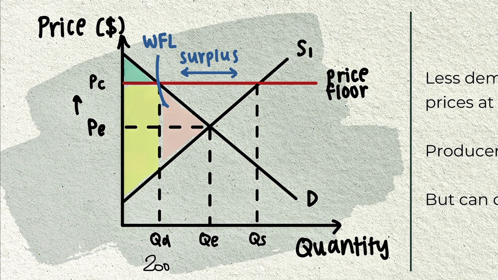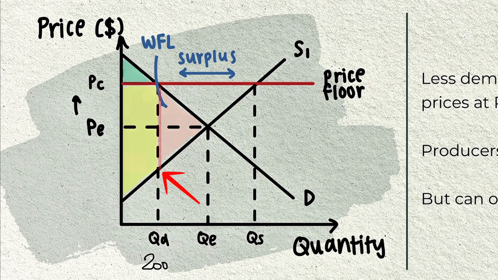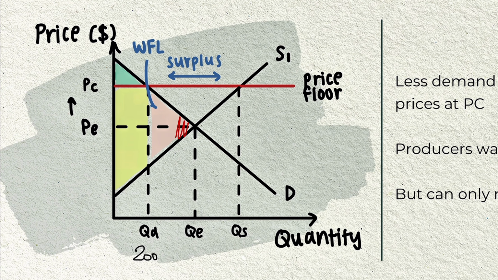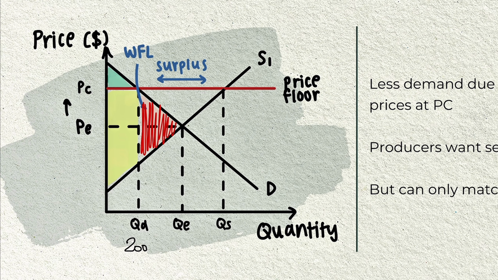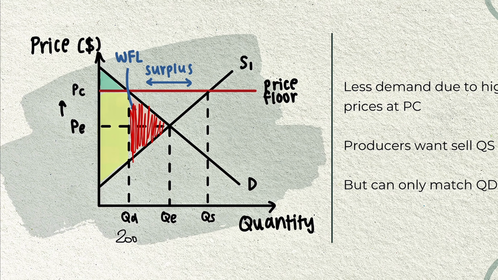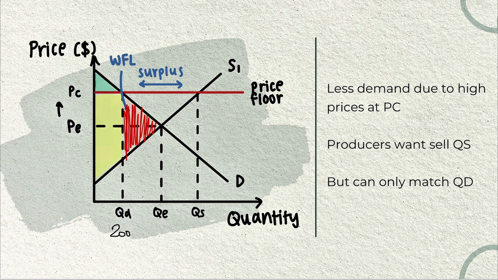Even though suppliers are willing to sell at QS, they are only met with very limited demand of QD, which is 200 units. So the suppliers are only able to sell QD units, which is represented here on the diagram. And similar to before, these were mutually beneficial trades that didn't happen, which creates the welfare loss.